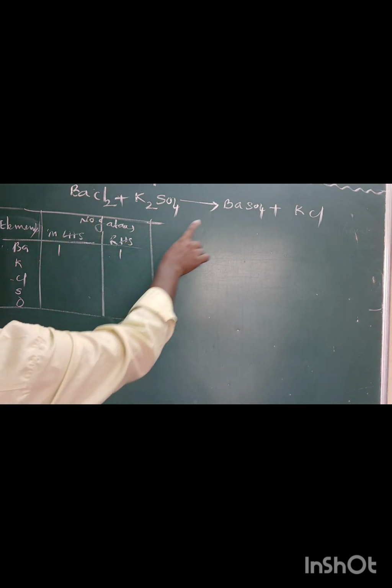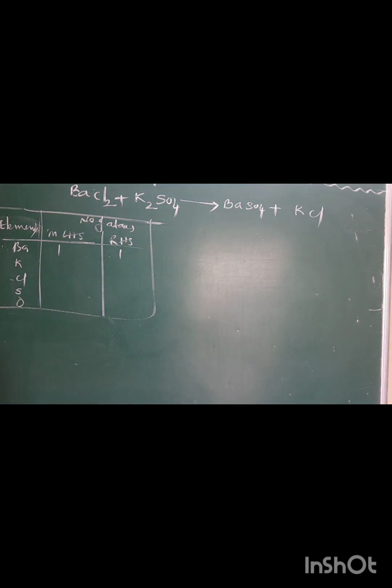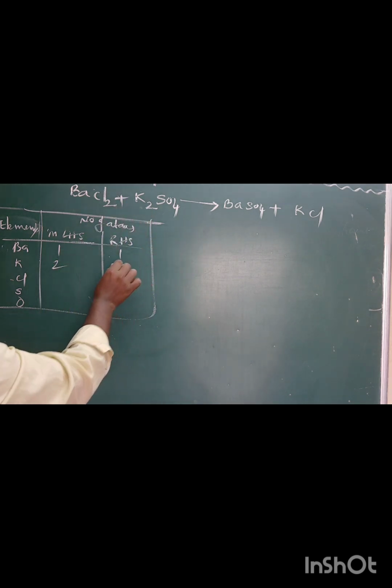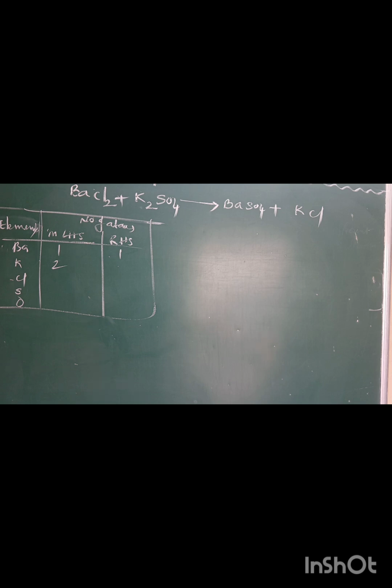Reactant side barium 1 is there. Product side also barium 1 is there. Reactant side potassium 2, but product side 1 only. Chlorine atoms, how many chlorine atoms are there? 2 chlorine atoms on the reactant side, product side 1 only. Sulfurs 1, here also 1.